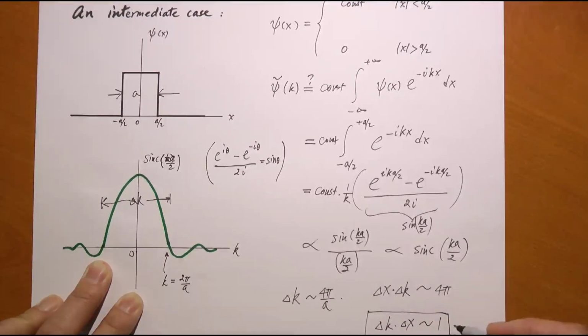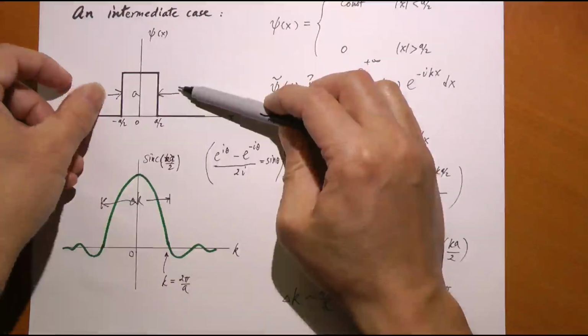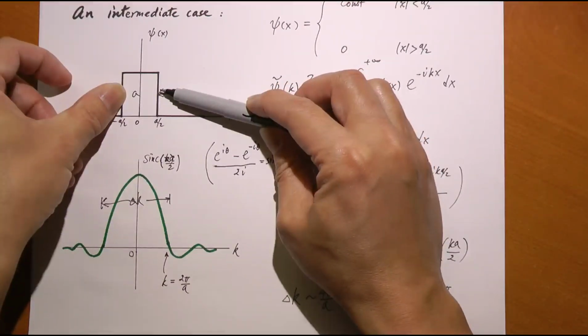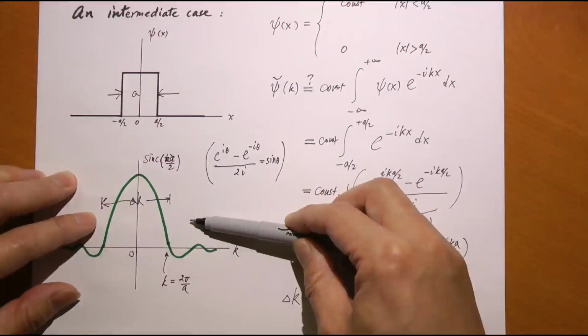Even though this is not quite the same as what we learned in the previous two extreme examples, we do learn one thing that is consistent, and that is, again, when a wave is highly concentrated in its real space, so A is very small, it will be more extended when you write down a Fourier spectrum, or in K space.